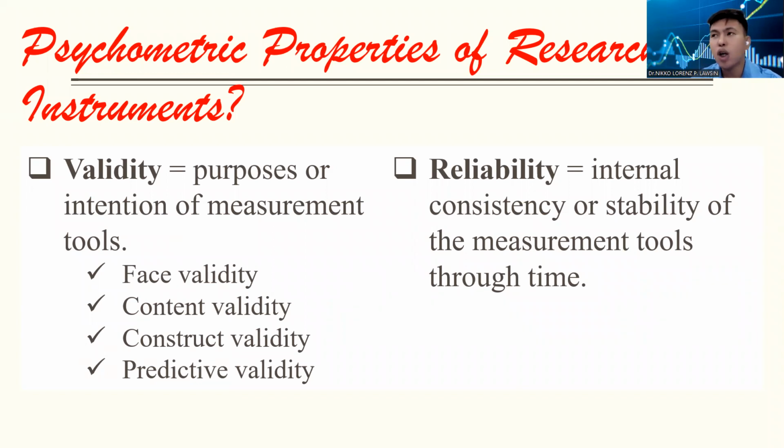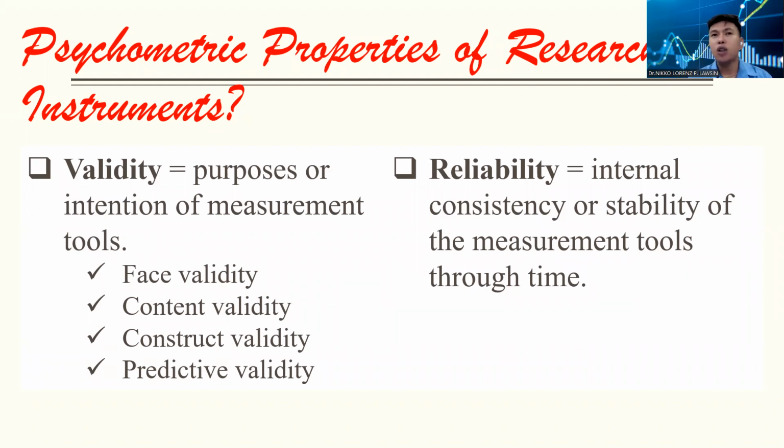Now, in terms of construct validity, you are trying to compare the instrument in terms of the interaction of the particular construct or variable with other variables. Or this time you are investigating if the research instrument is aligned with the conceptual framework of the study. So you're trying to figure out the interaction among constructs or variables. Number four, predictive validity.